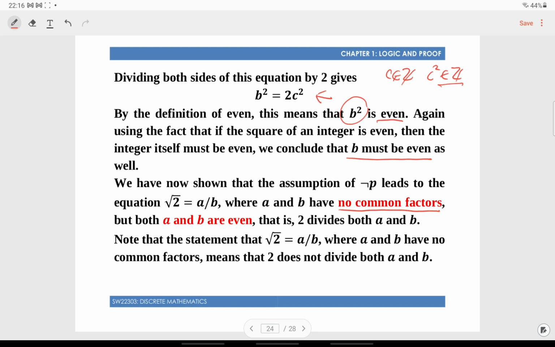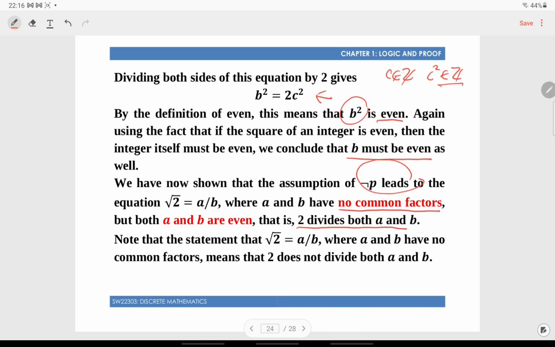But now we have shown that from this assumption, a is an even number and b is also an even number. So when both numbers are even, that means both numbers have a common factor, which is 2, because these numbers can be divided by 2.